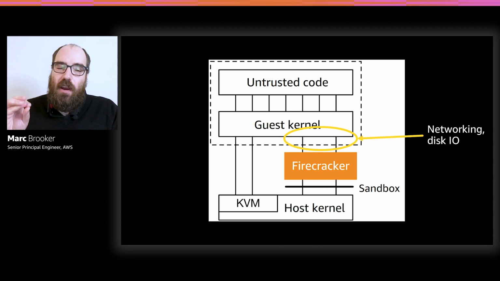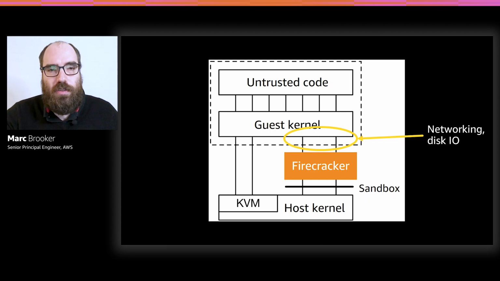And so Firecracker implements the back half of a virtual hardware device, a virtual block device and a virtual network device, that is presented to the stuff running inside the micro VM. So it's kind of a hardware emulator of sorts in a simplified mental model.